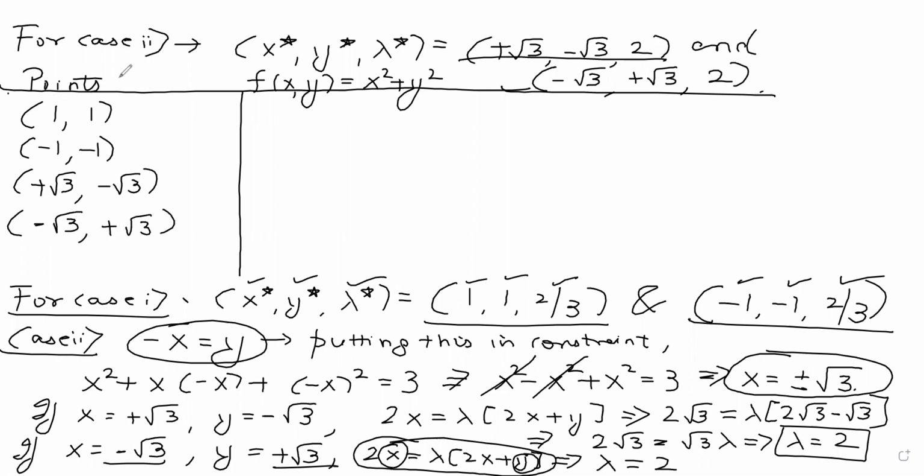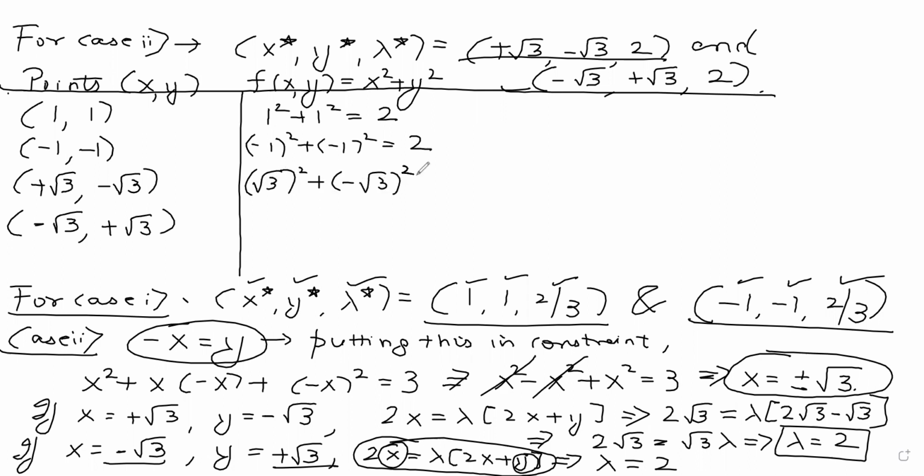These are all the possible pairs of x comma y which we have got. I plug them in the function. So 1 square plus 1 square is 2, minus 1 square plus minus 1 square is also 2, root 3 square plus minus root 3 square is 6, and again minus root 3 square plus root 3 square is also 6.